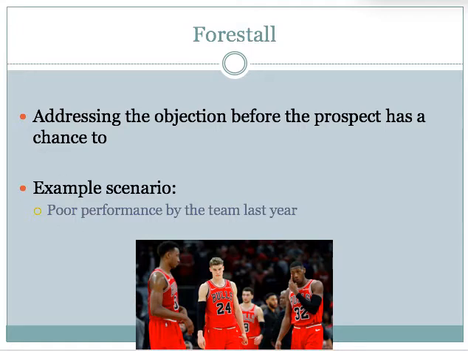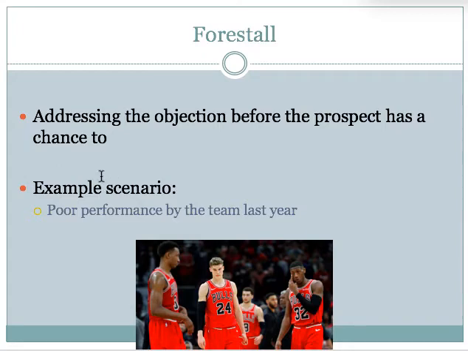So the hope is that during that needs analysis phase of the sales process, the sales rep has gathered enough information about this prospect so that they have an idea of what's coming from an objection standpoint, right? So if they are able to identify those things in the needs analysis phase, then they can get out ahead of the objections.